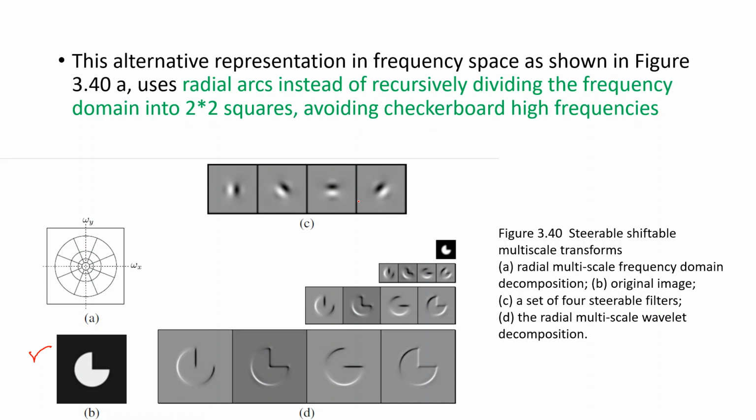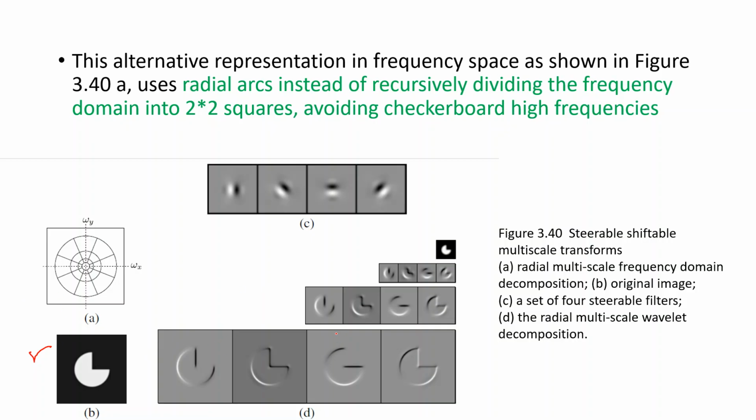The last one, D, is the result after applying the filters, shown in the subbands, which means the small images are in low frequency, which will be more blurred, and the big images are in high frequencies. So each image highlights certain edges of the original B image.